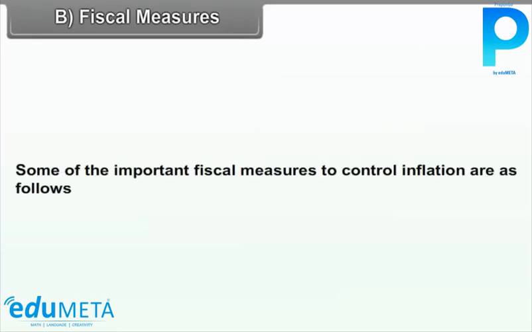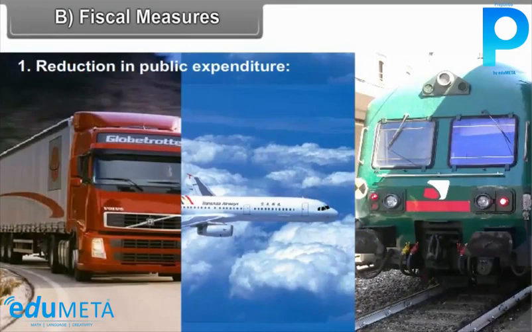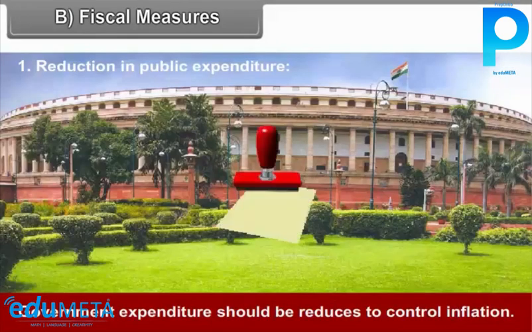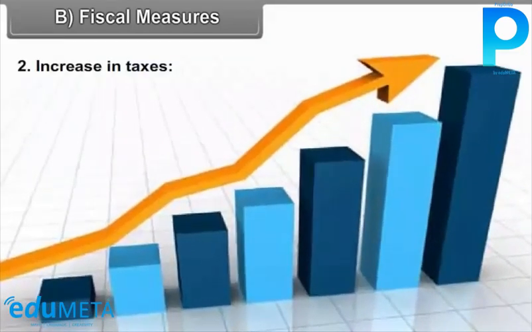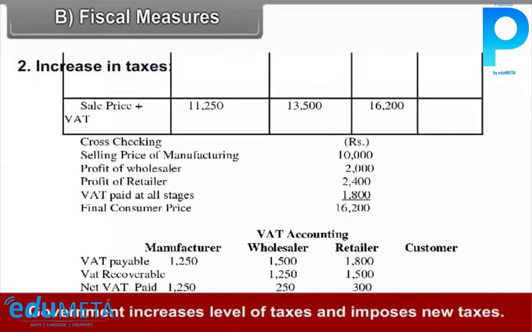B. Fiscal measures. Some of the important fiscal measures to control inflation are as follows. 1. Reduction in public expenditure. Government expenditure should be reduced to control inflation. 2. Increase in taxes. Government increases the level of taxes and imposes new taxes.